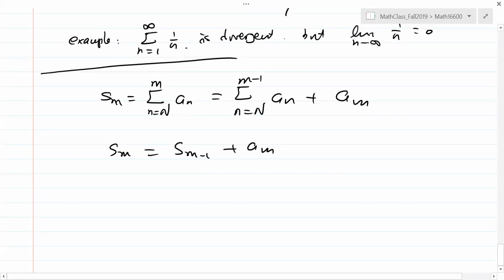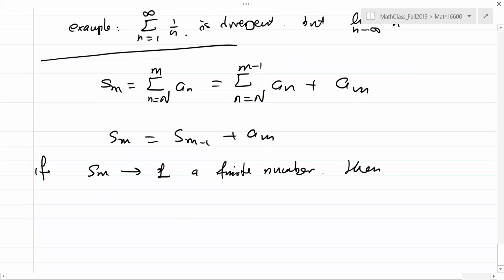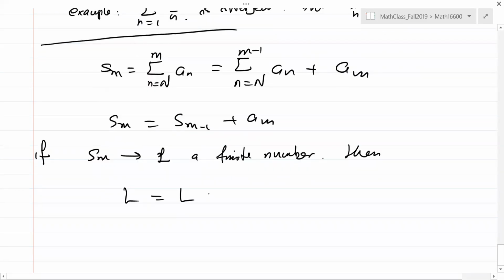All right. So if the series converges, so if s_m approaches L, a finite number, right? Then you will see that L equals L plus the limit of a_m.